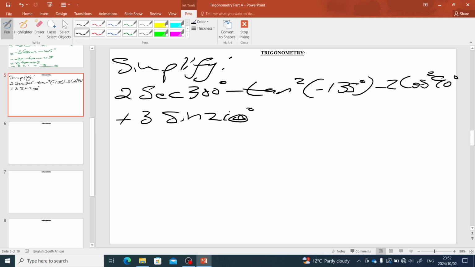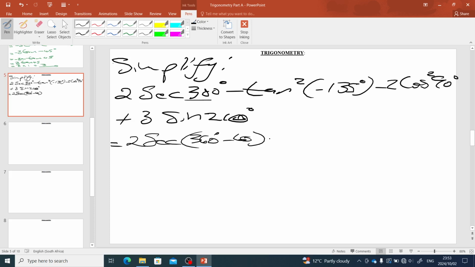Now, if that's the case, this is what we will have. We will have 2 sec, open bracket, 360 degrees minus 60, because when you subtract 60 from 360, it will give you sec 300.